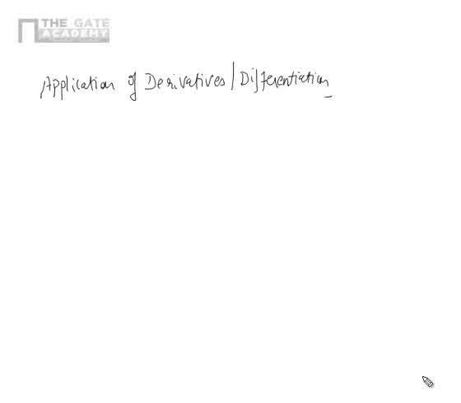Okay, we were basically discussing the application of derivatives, correct? We first started with application of derivatives, or differentiation. This is where we started the discussion, correct? The first was rate of change.